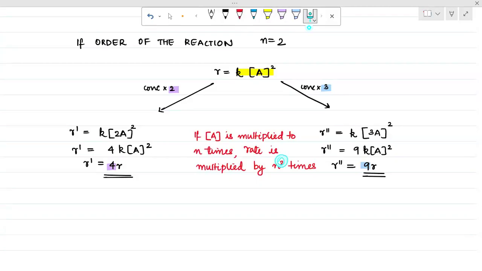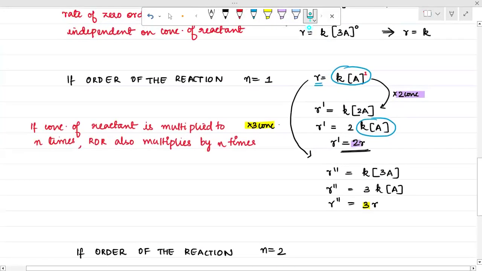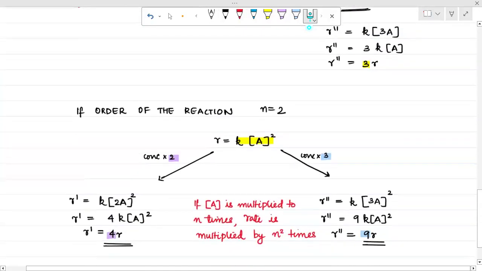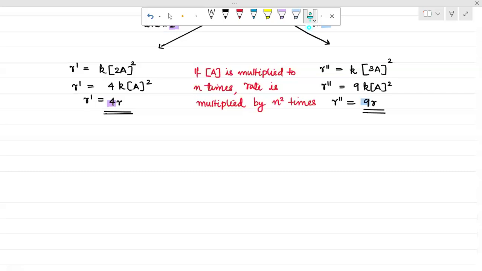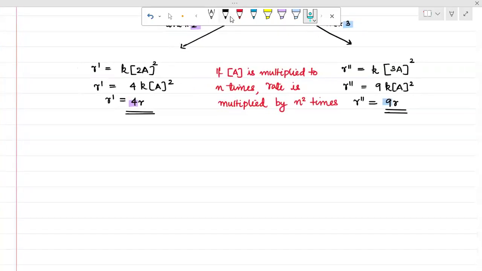Because it is a second order reaction. Earlier, it was a first order reaction. Okay? So this is a general expression and the concept behind what the order of the reaction is. Let's do some sample problems so that you will get a better understanding. Okay. Let's do it.